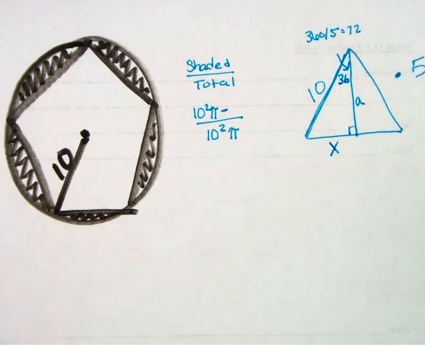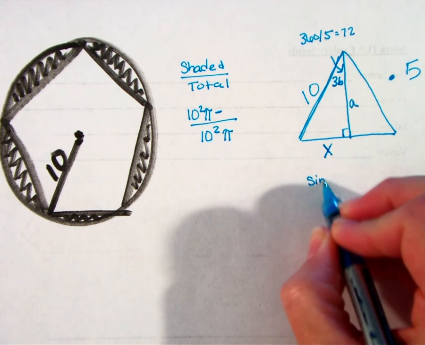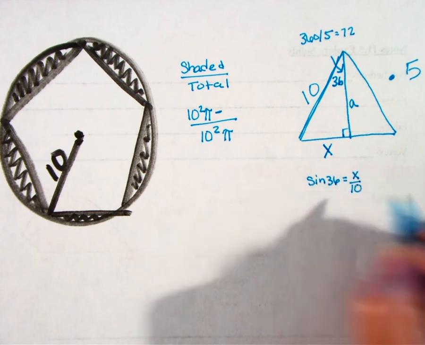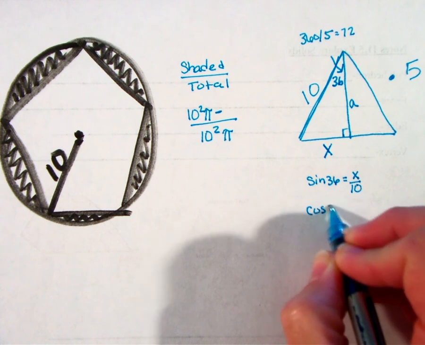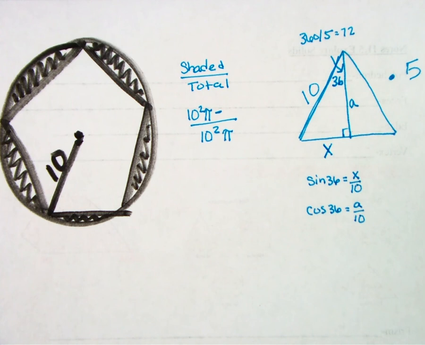Because I was given a radius, you need to use sine and cosine to solve this problem. So we'll go sine of 36, and then cosine. Now I know some of you use tangent as well, which is perfectly acceptable, but you have to do a sine or cosine first. I like to just do sine and cosine, set them up. They set up almost exactly the same, and when you're typing them into the calculator, they work almost exactly the same.